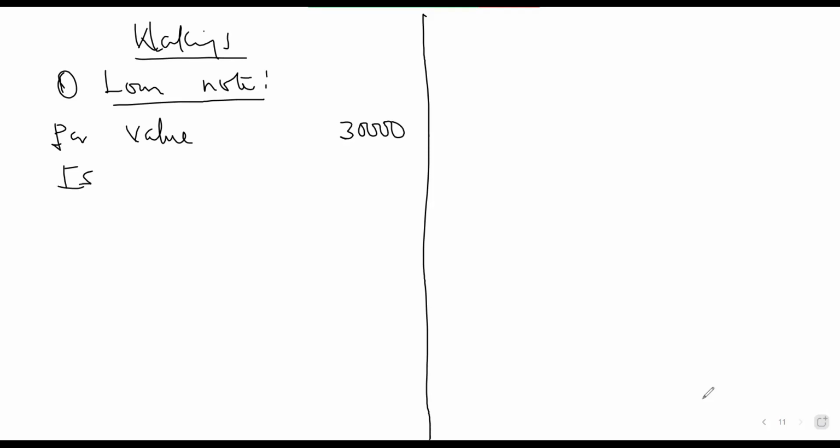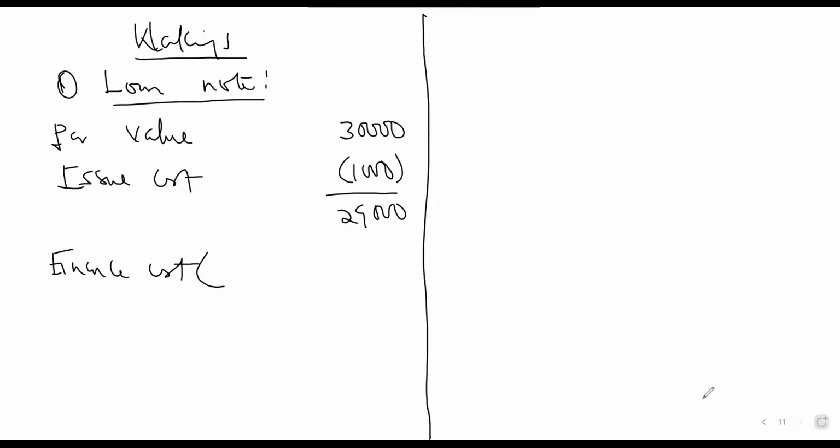Issue cost, isn't it? Issue cost of 1,000. So we now have 29,000. So we now calculate finance cost. What is the effective interest rate on this particular loan? 9%.